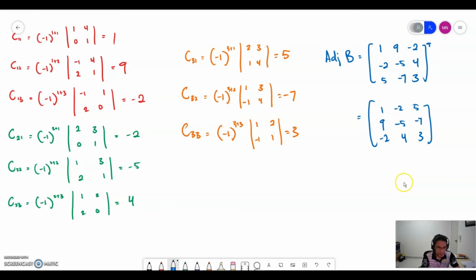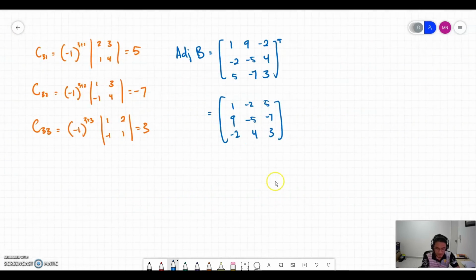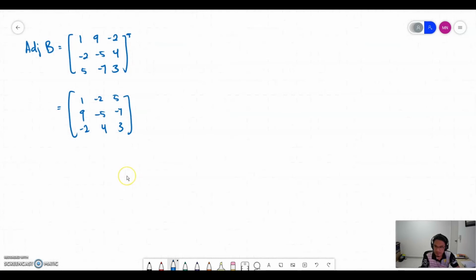So now let's proceed to find the determinant of matrix B, which could also be written like this. For this one, since you have already calculated the cofactor for matrix B, for example, you have this row 1, 9, and negative 2.